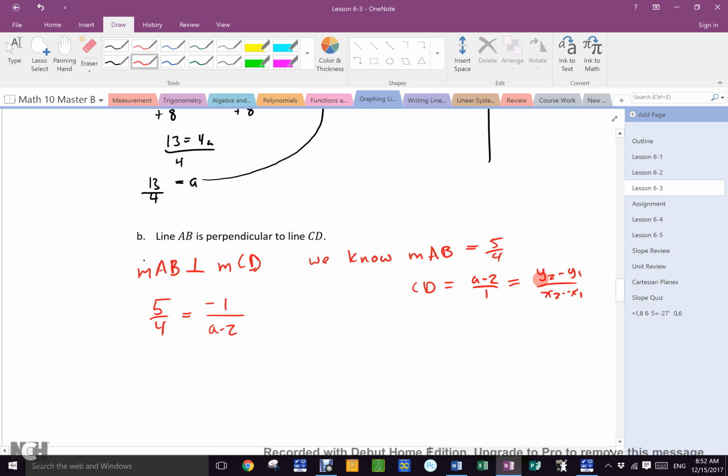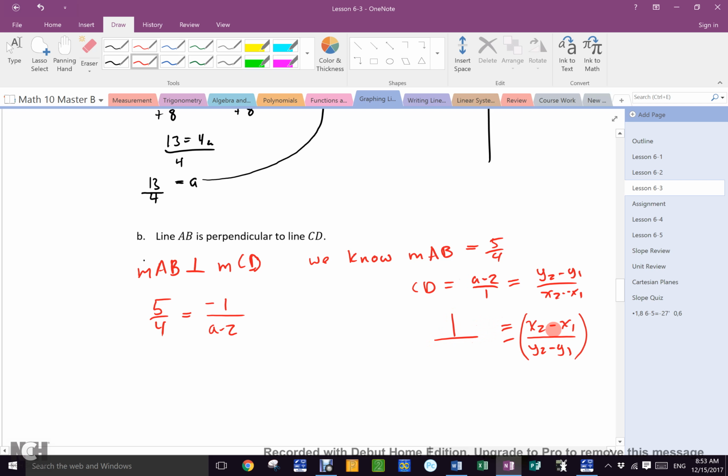Isn't it? So if I'm doing perpendicular, what would I have to do to the y's and x's? Switch them. x2 minus x1 over y2 minus y1. And the whole thing would have to be what? Negative.